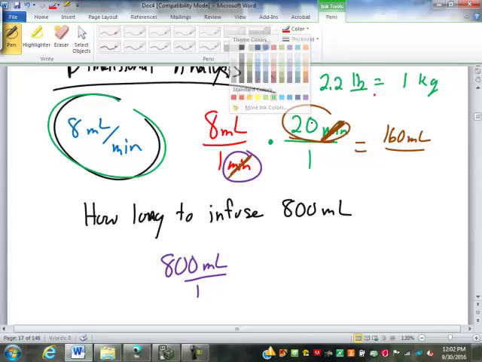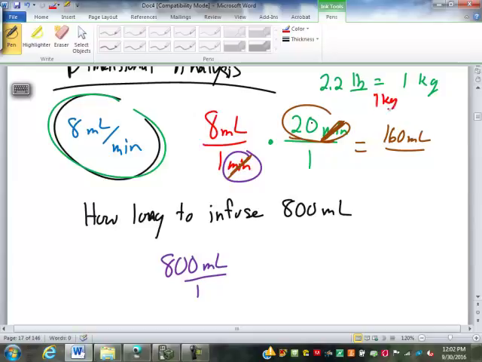I could do that either as what we used, 1 kilogram over 2.2 pounds, or I could do 2.2 pounds over 1 kilogram. That conversion factor can go either way. Same here. I can think of this as saying, okay, 8 milliliters is equal to 1 minute's worth of flow.